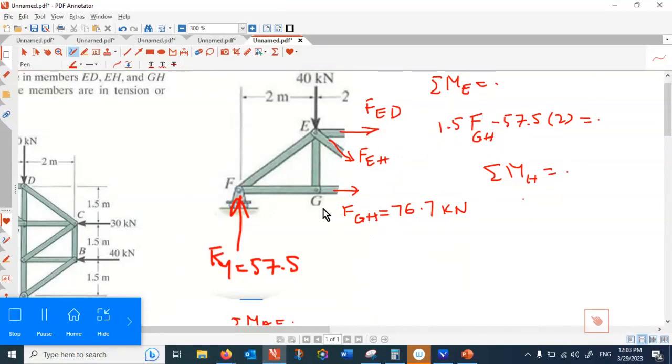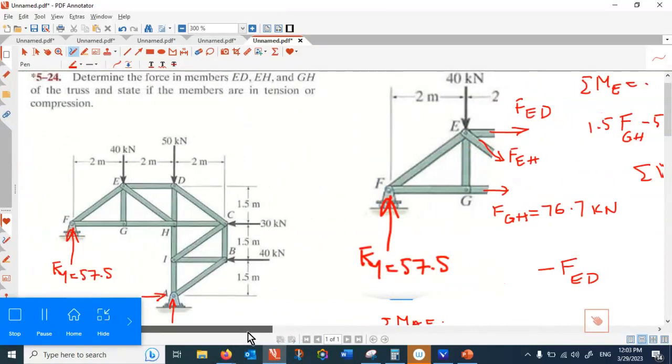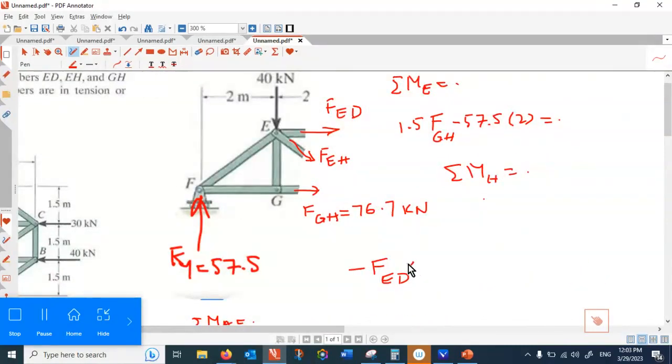That is FED makes a negative rotation, minus FED, and arm of rotation for that is 1.5. And 40 kilonewton makes a positive rotation, arm of rotation is 2. And finally, 57.5 is a negative rotation, arm of rotation is 4.